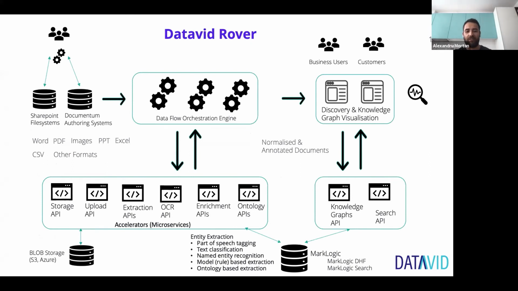We try to have it as modular as possible, so we can change a few components if we need to. Basically, you have APIs for each functionality, like storage, upload, different extractors that I'm going to tackle in the next part, logic, of course, and then also data orchestration to orchestrate the entire pipeline of processing a document.